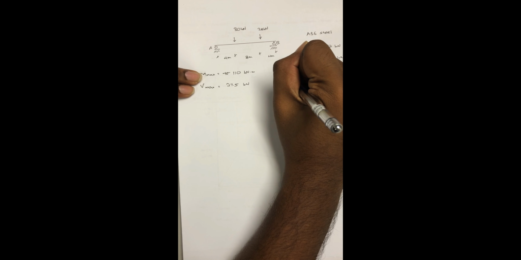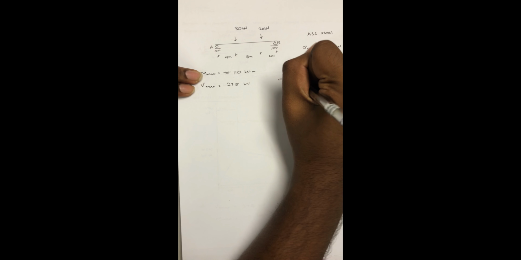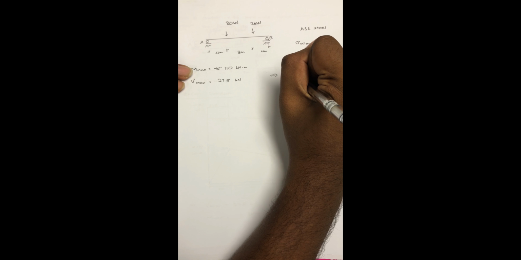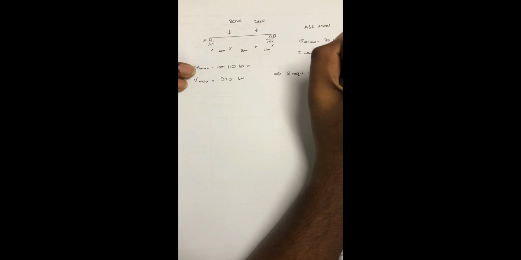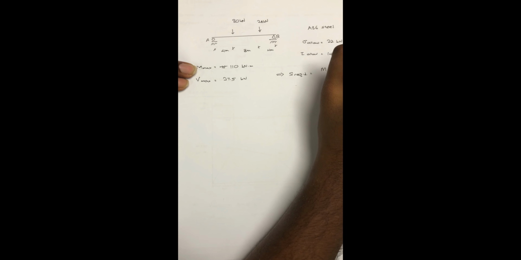Therefore the required section modulus is the maximum moment over the allowed bending, which is 60 cubic inches that we have calculated and converted.